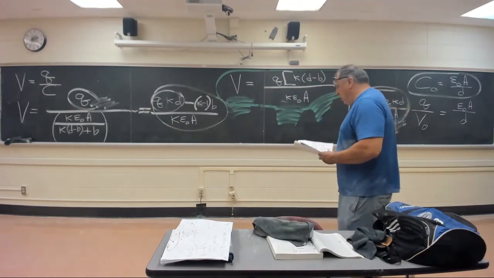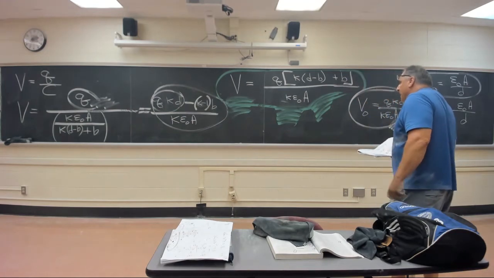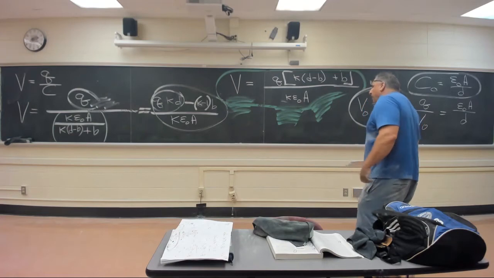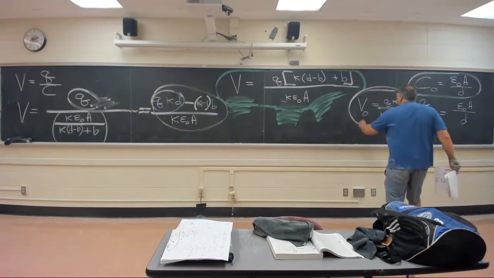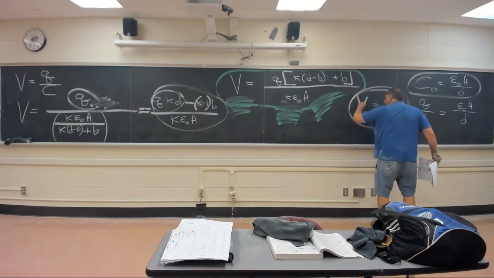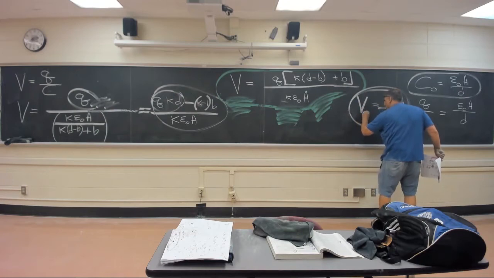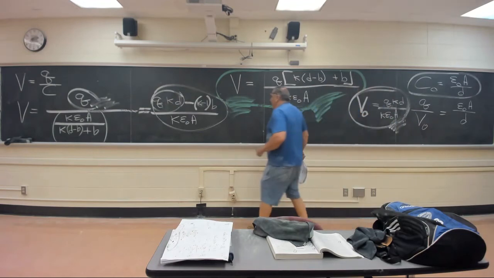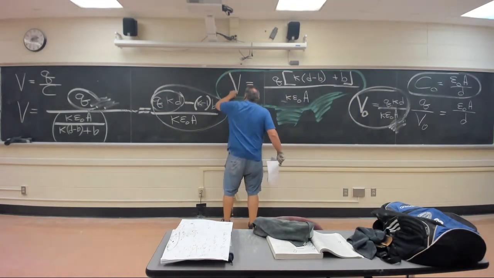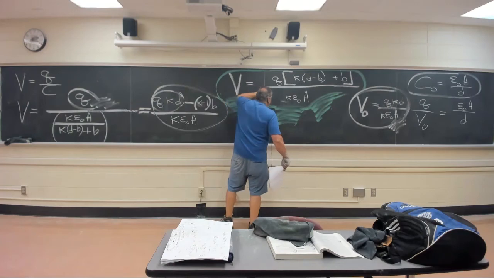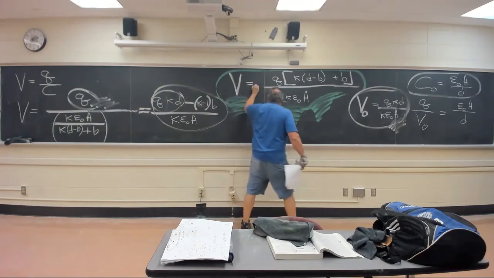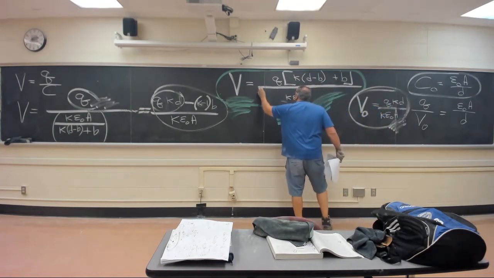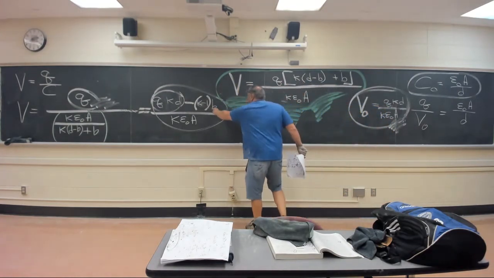I'll make a long story short, guys. V0 is bigger than V. Because I can write this is the same exact V, guys. I haven't changed anything. This V can be written like that.